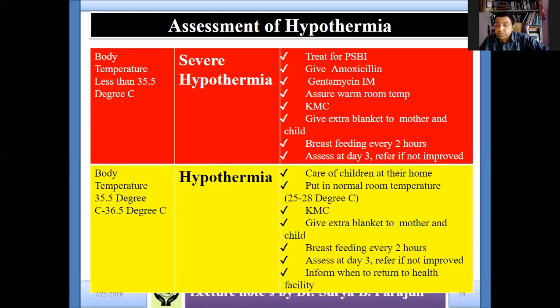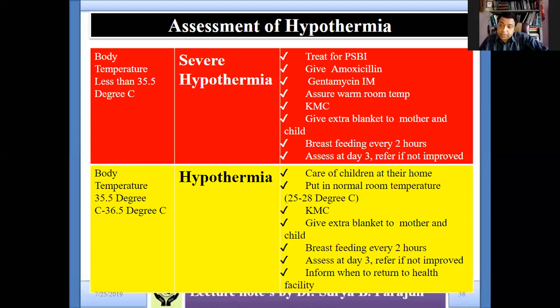Give extra blanket to mother and child. Breastfeed every 2 hours to prevent hypoglycemia and even hypothermia. Assess at day 3. If not improved, you need to refer. This is severe hypothermia.